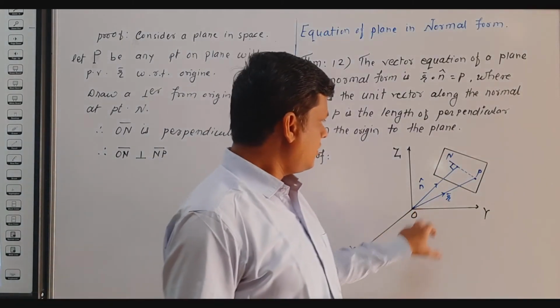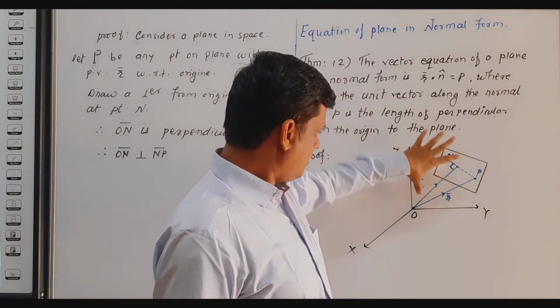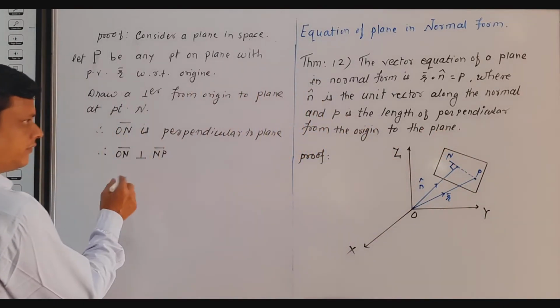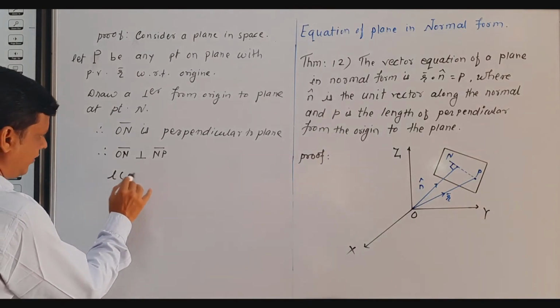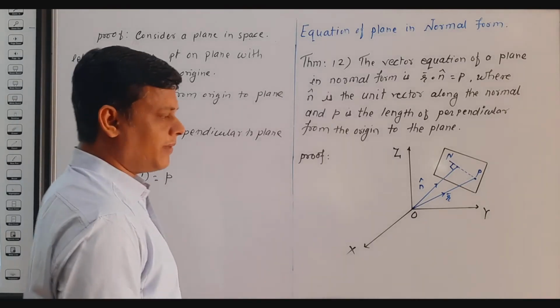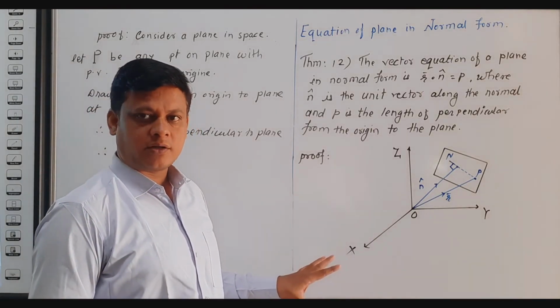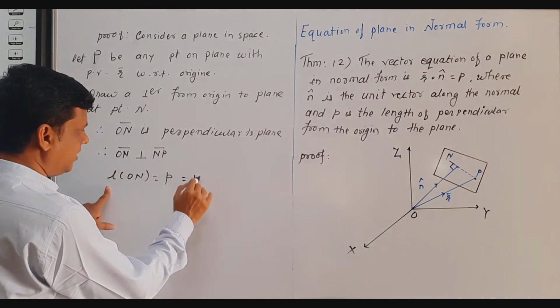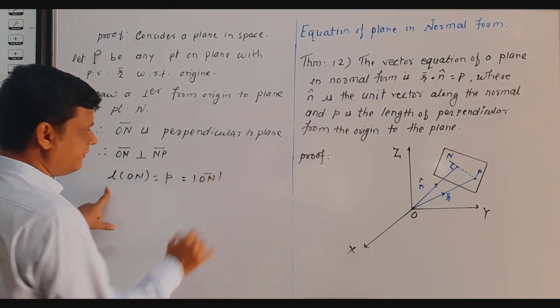Now this ON has length small p, so the length of ON is equal to small p. By the definition of unit vector, the length of ON is the magnitude of vector ON.